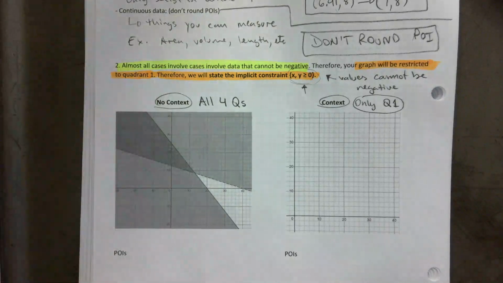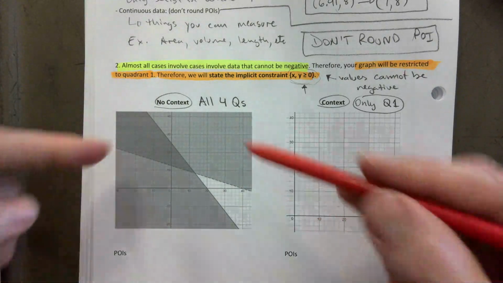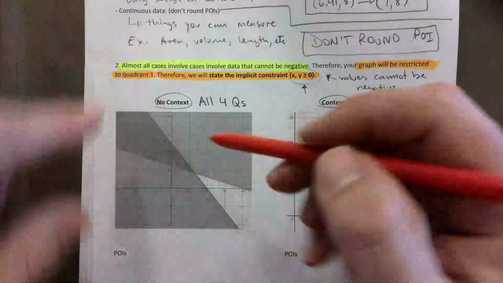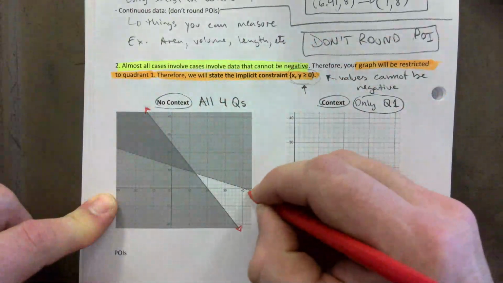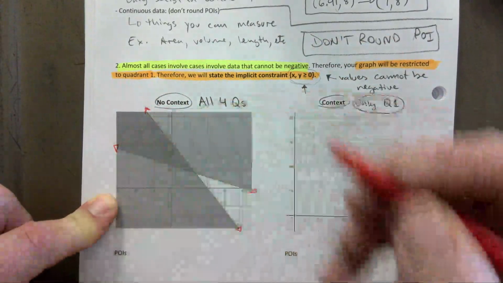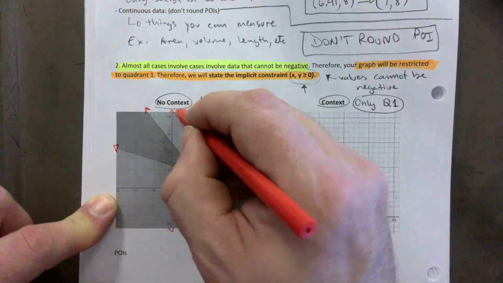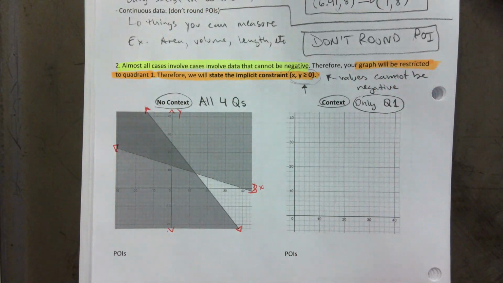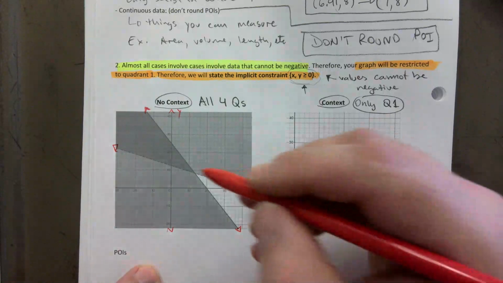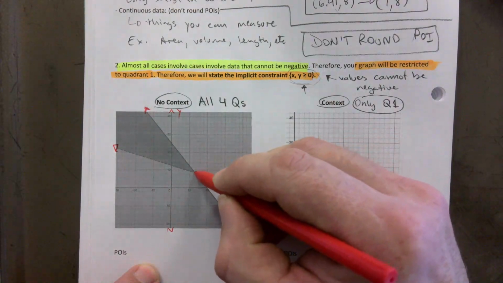I'm going to use a red pen for this. If you have all 4 quadrants here, and keep in mind there should be arrowheads here because it just keeps on going. And there's the x-axis and the y-axis. I leave those out purposely so that we can talk about that again and again, right? We review the fact that everything should be labeled. There's only one POI here.